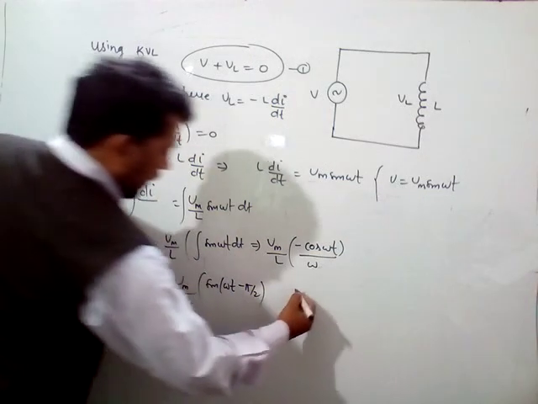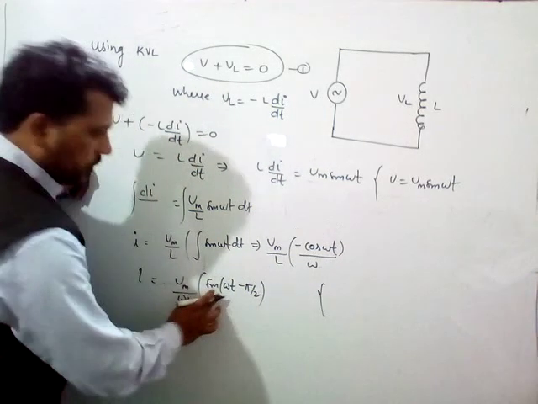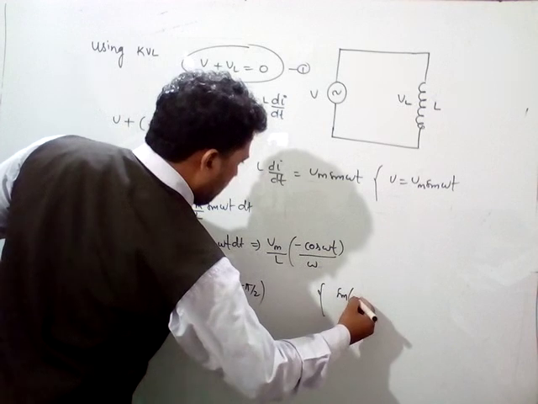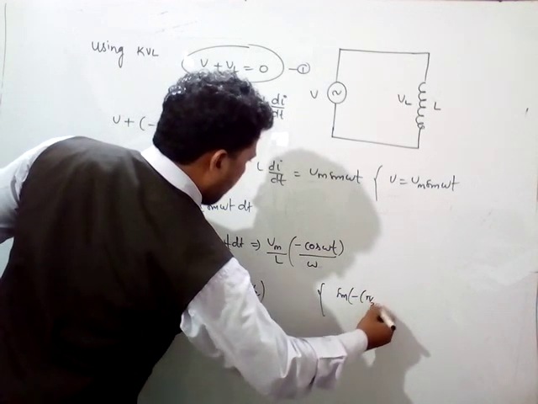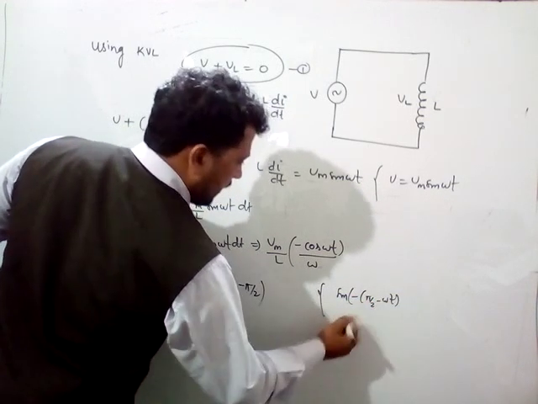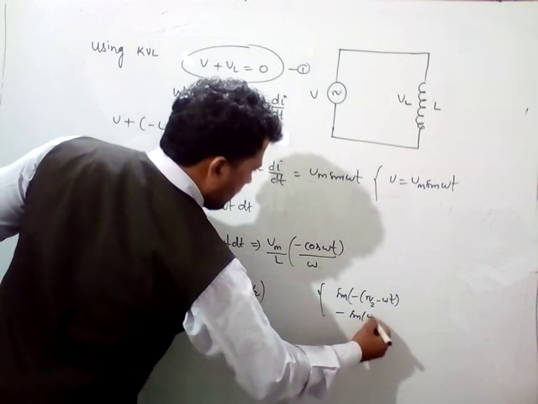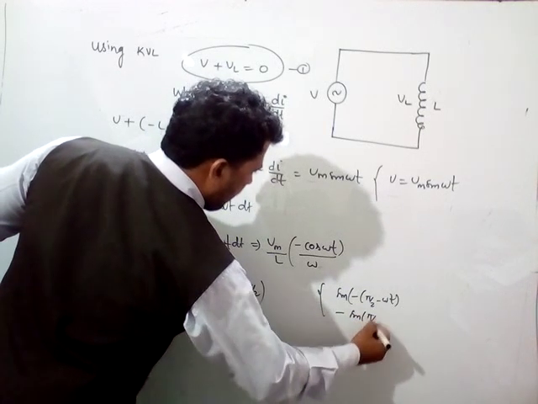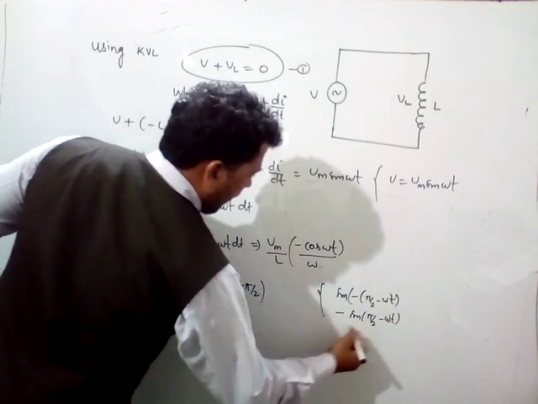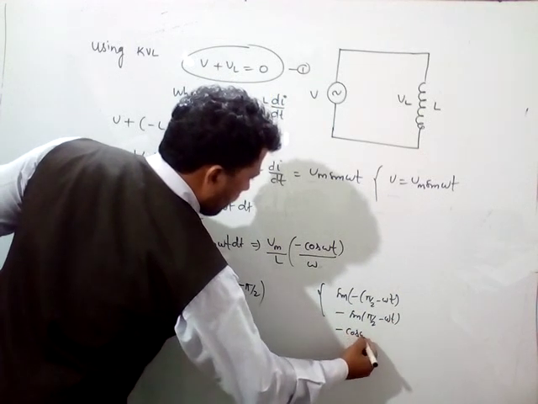Okay, so it can also be written as sin minus pi by 2 minus omega t, sin minus theta is minus sin theta, sin pi by 2 minus omega t, and it can be written as cos omega t.